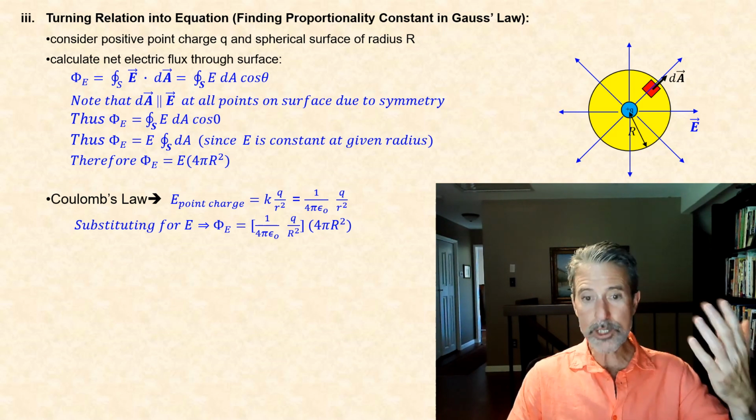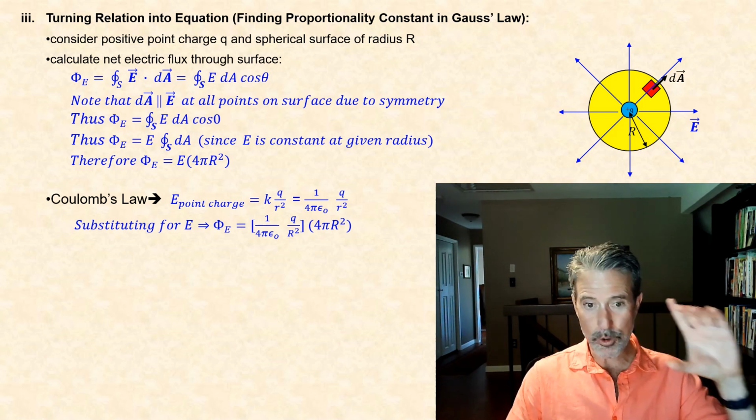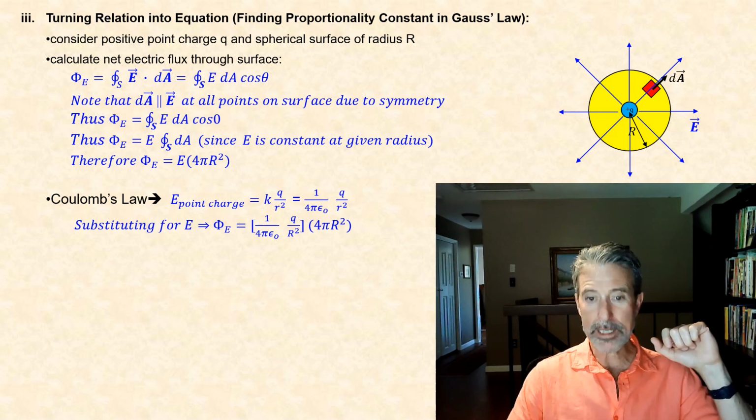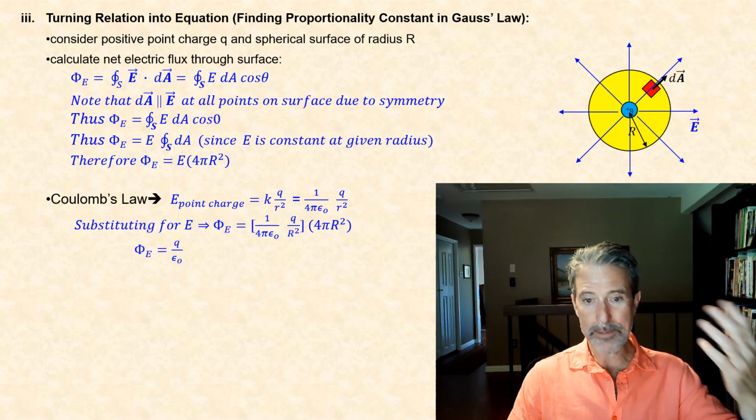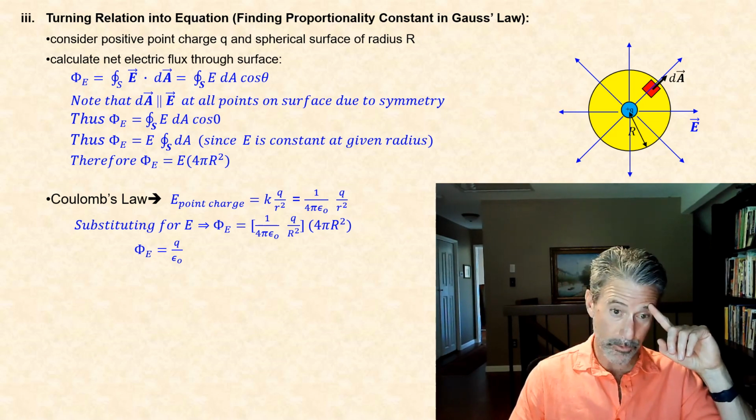Okay, so when we substitute the expression for the electric field into our expression for electric flux, notice that little r becomes big R because this is the electric field at the surface of our Gaussian sphere of radius big R. We plug that in here, and when we simplify, notice that the 4 pi r squared in the numerator cancels the 4 pi r squared in the denominator, giving us this very simple expression for electric flux.